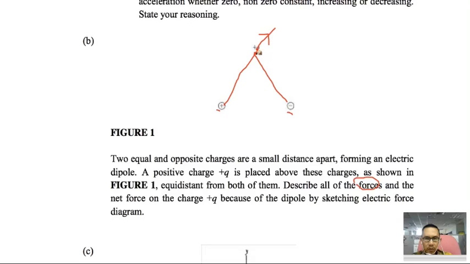And this is positive and this is negative, so the direction is an attracting force. So now you have two forces. The net force acting on the charge q is in this direction, the direction of F net.